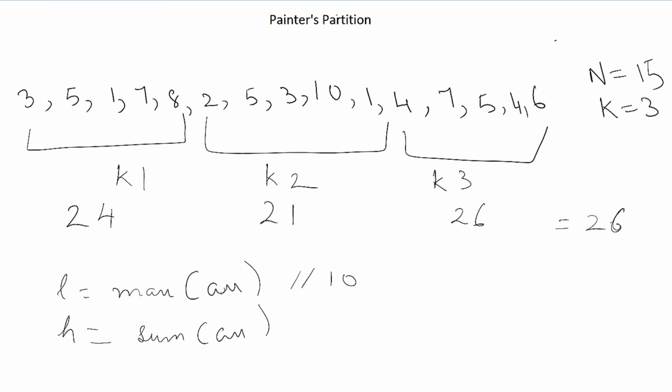So the maximum time that can be taken is when we have only one worker, and then we need to add all the elements in the array. So the sum will be 28, 45, 65, 71. So the total sum of the array is 71.